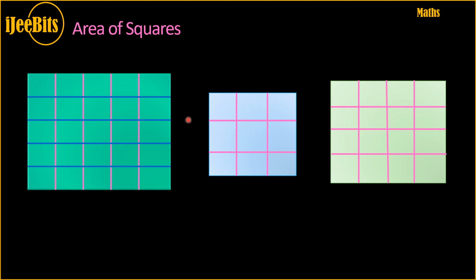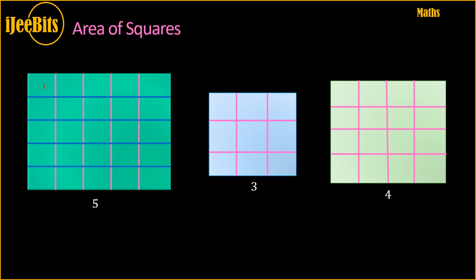Now see a few more squares. I have 3 squares here, with units also represented. This square has 5 units a side, this small square has 3 units a side, and this square has 4 units a side. If you look at the area of each one, how many units do I have?